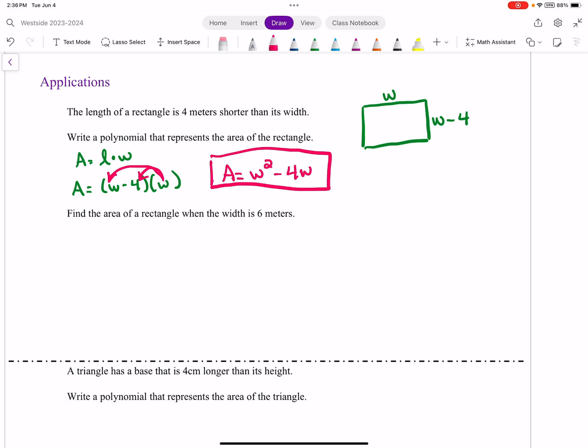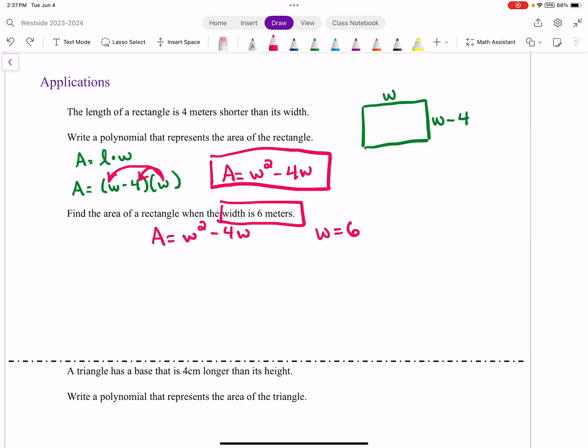Now it wants us to find the area of the rectangle if the width is 6. So we can use this polynomial that we just found, that our area is w squared minus 4w. And it's telling us right here that the width is 6. So that means that w has to be 6 meters. I'm going to take that m off there just so it's a 6.